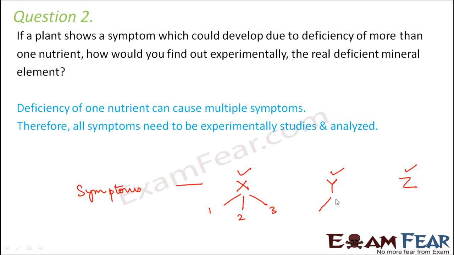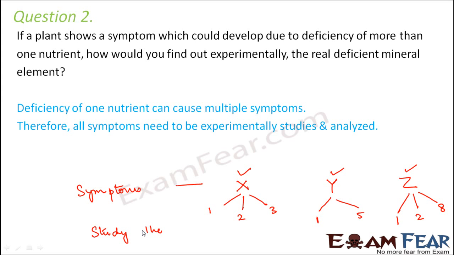Similarly, the deficiency Y can be because of 1, it can be because of 5. Z, again, it can be because of 1, it can be because of 2, it can be because of 8. Right? So these are the three different symptoms rather. Now let us suppose when you study the plant in detail.